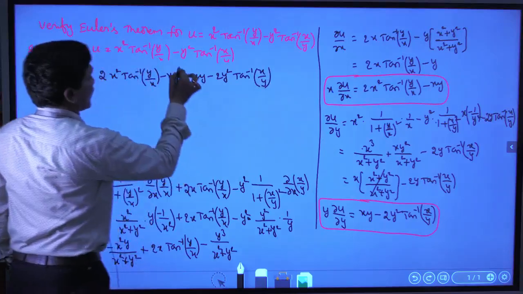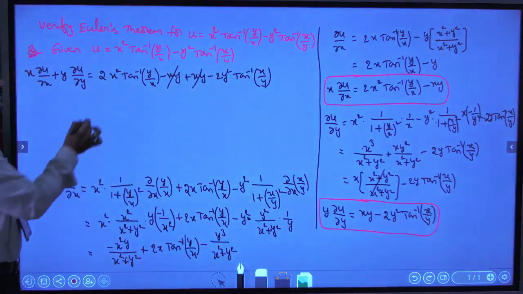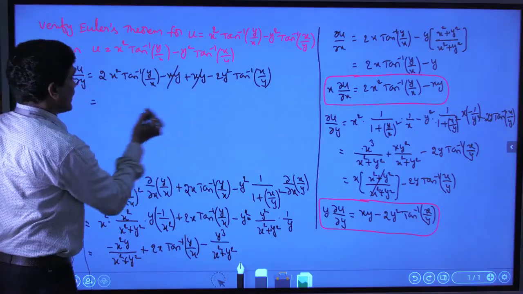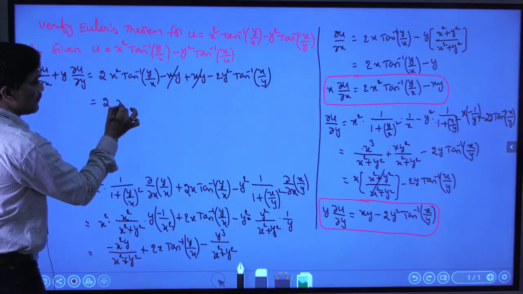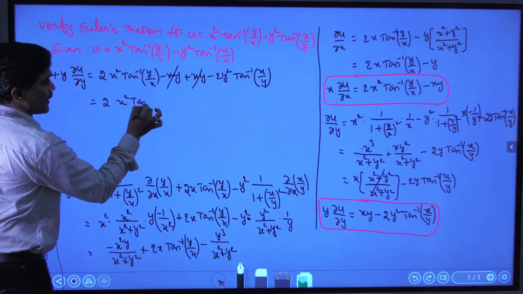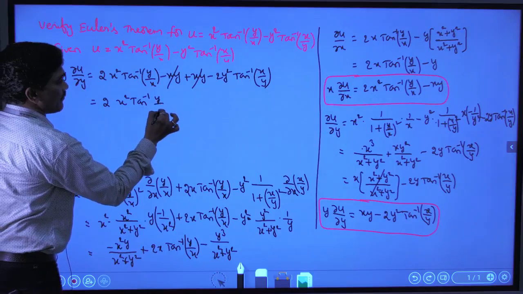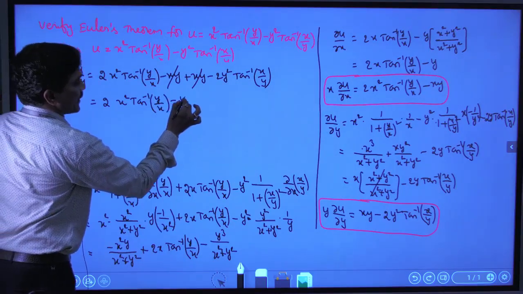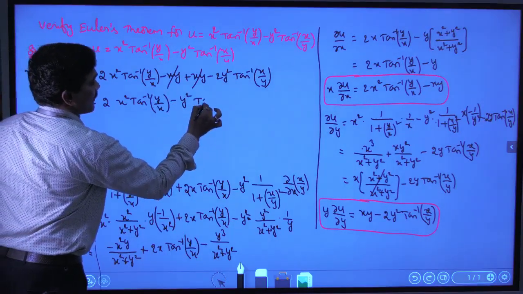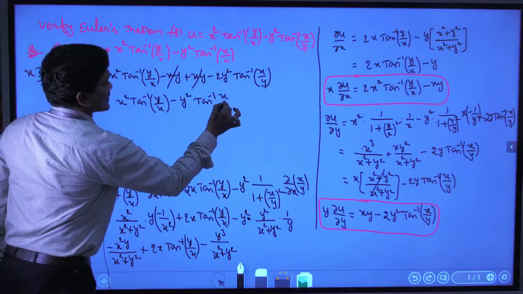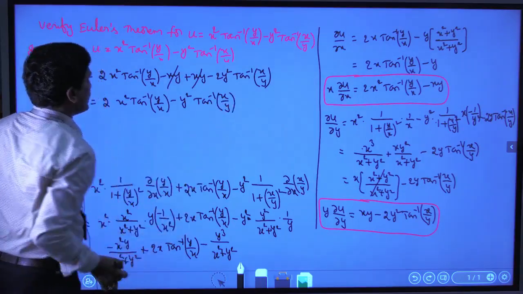Now here xy cancelled, so 2 is the common value, take 2 common, so finally we get x² tan⁻¹(y/x) minus y² tan⁻¹(x/y), right?